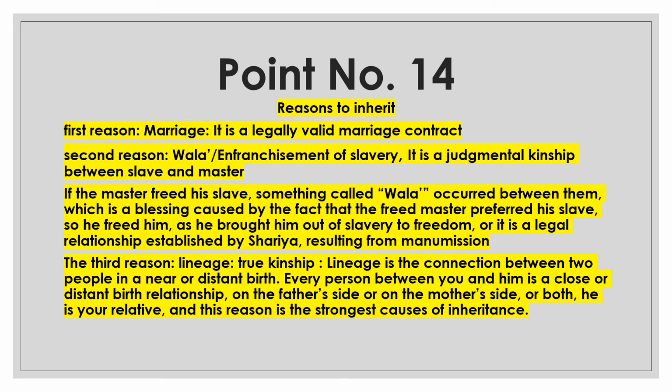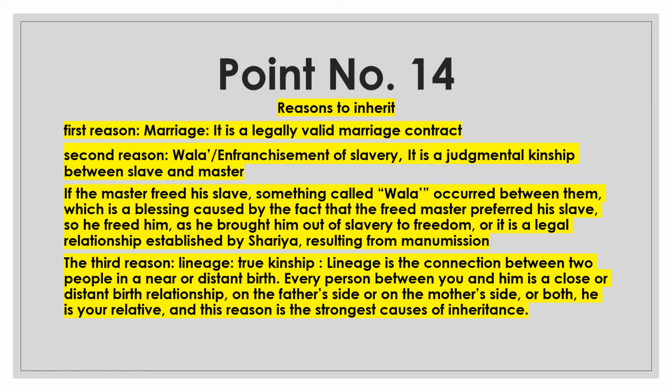The lineage is the connection between two people in a near or distant birth. Near birth means the sons and daughters. The distant birth means the brothers and sisters, or the uncles, the brothers of father and the brothers of mom. All these are the people in distant birth.